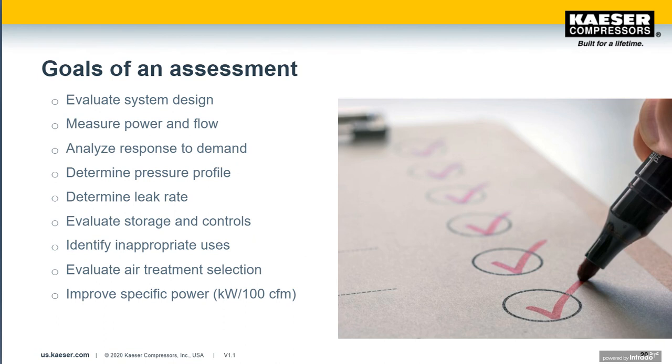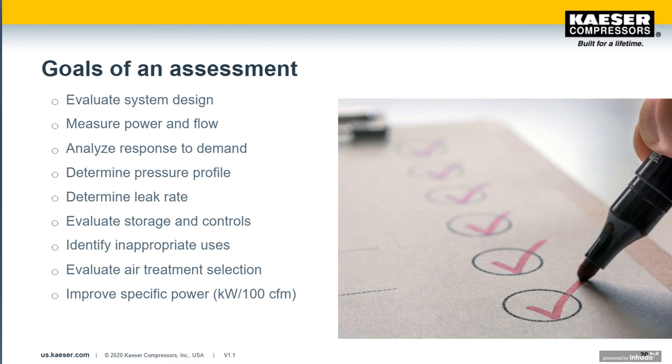Determine the leak rate, and the leak rate could be different during operation of certain areas. Maybe some of them get shut down, so this has to be a long-term observation. Evaluate storage and controls. Neil just talked about this as well. Identify inappropriate uses. That could be a major savings right there. Evaluate air treatment selection. Sometimes we are using desiccant dryers where refrigerated dryers would be absolutely sufficient.